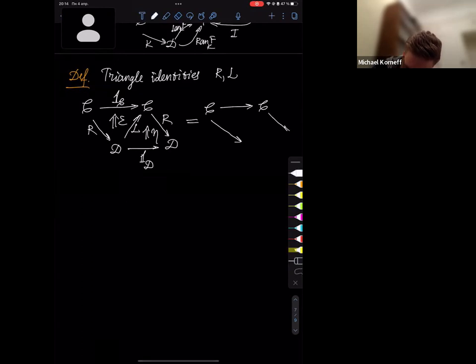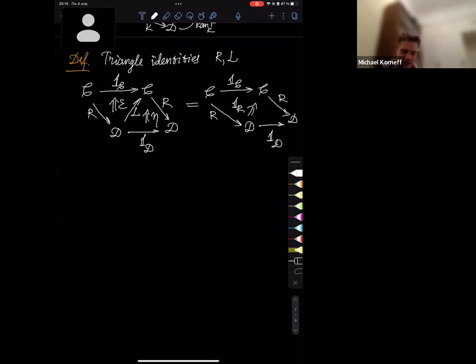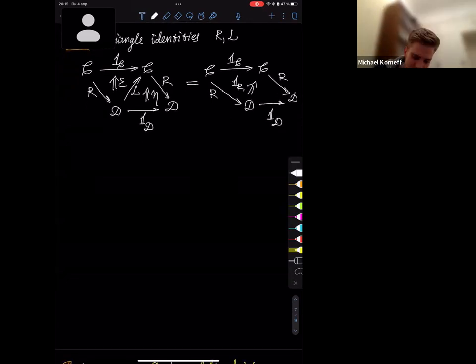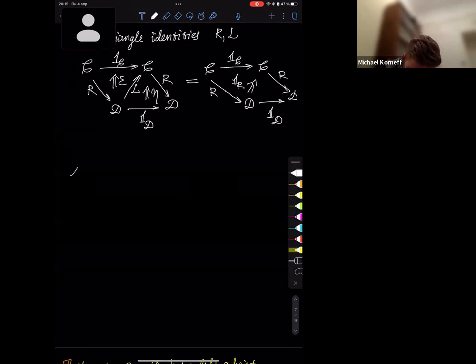Trivial diagram in which we have a trivial natural transformation, and in the same way, we can define the other triangle identity like this.